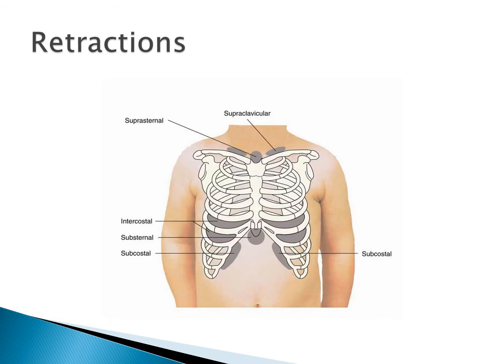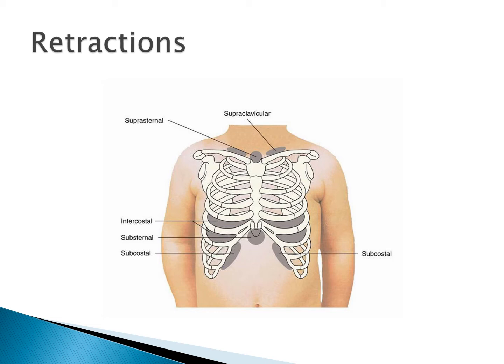And then lastly, the nature of the child's chest wall. It's very compliant, and so retractions are quite common in children. You can see the different positioning of retraction: subcostal, substernal, intercostal. I just like to point out suprasternal or supraclavicular.